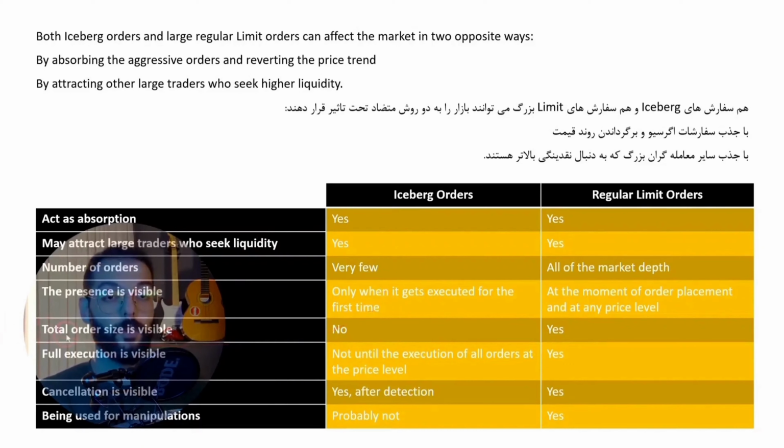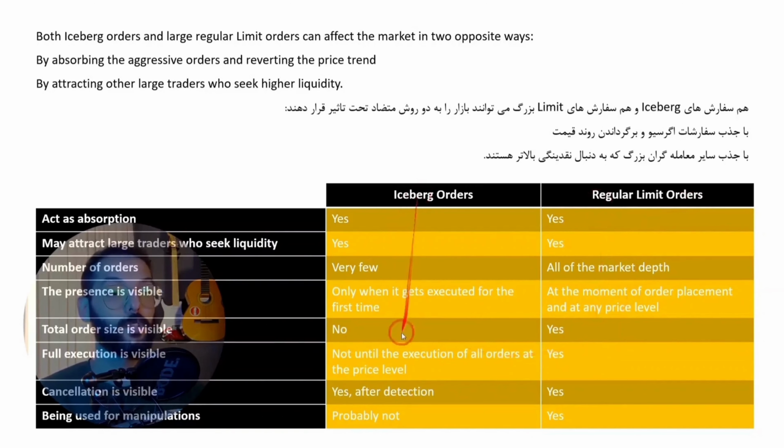It says total order size is visible, but regarding iceberg orders, no, as the name suggests, it's an iceberg. The total amount that's supposed to be in the iceberg is never visible to anyone. But for regular limit orders, naturally, yes, whatever is placed in the order book, we can see. For full execution, naturally, when a regular limit order is fully executed, we see it.